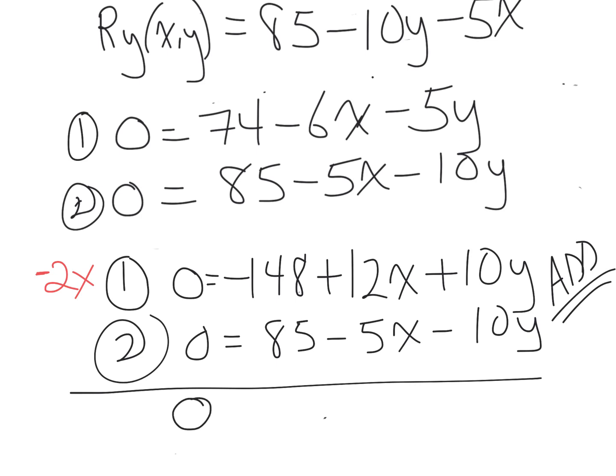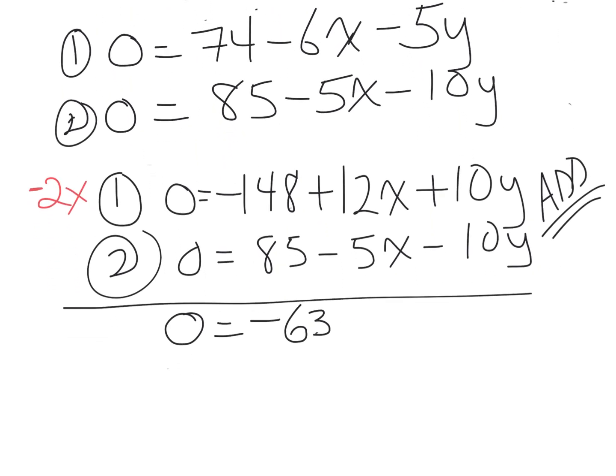So 0 plus 0 is 0. I have minus 148 plus 85, so minus 63. 12x minus 5x, we have 7x.